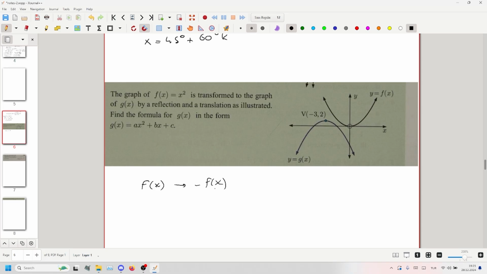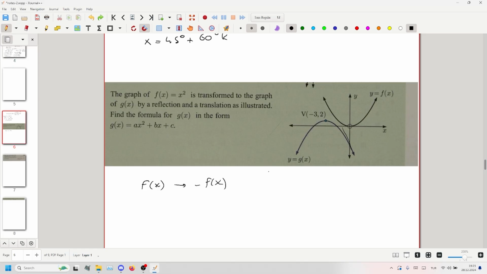Now the reflection here is a reflection with the x-axis. It's not with the y-axis because if you flip a parabola in the y-axis, that won't invert the direction of the parabola like this. So we have to flip this in the x direction to get this negative downwards facing parabola.